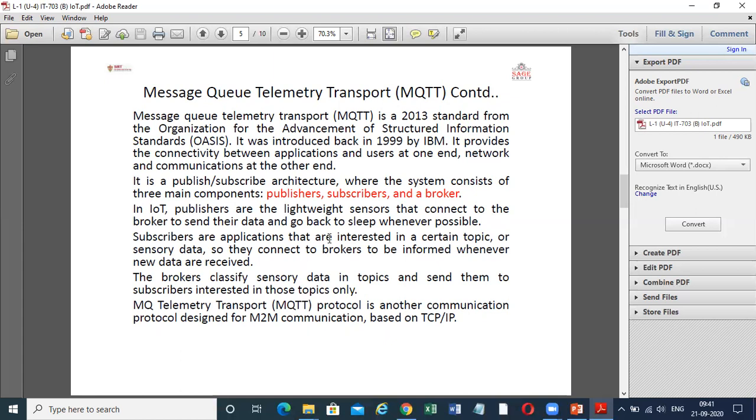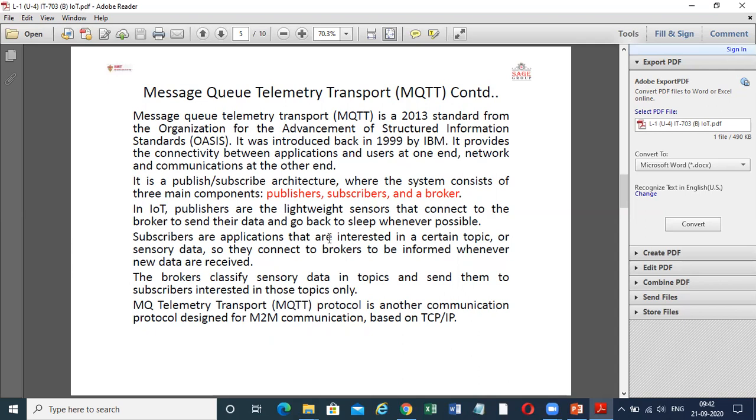Now, in the publish-subscribe architecture, the system consists of three main components. This is very important. One important thing we have discussed is the full form of OASIS, the Organization for the Advancement of Structured Information Standards.